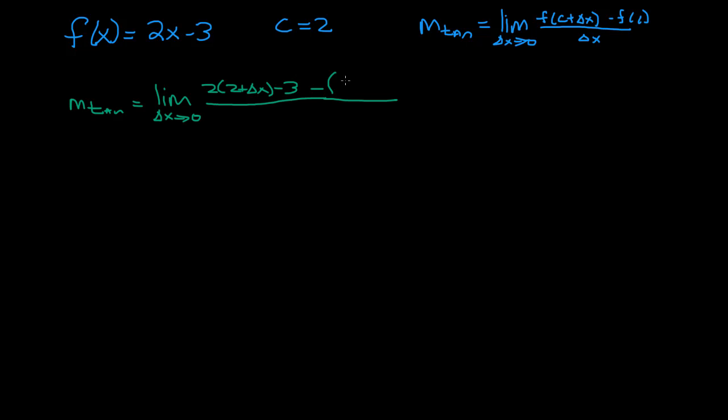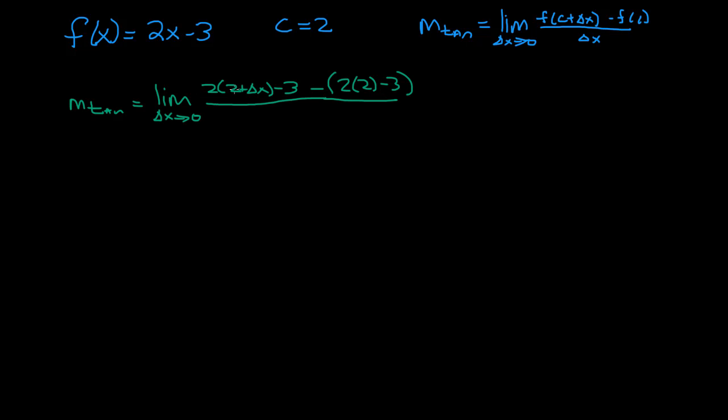So minus (2 times 2 minus 3). Okay, that is f of c. Just substitute 2 into our function. Now it's very important to properly use parentheses here because we're subtracting off this value.